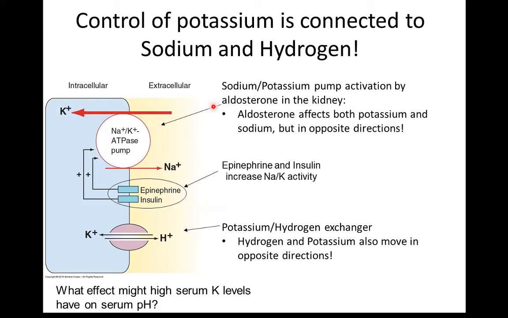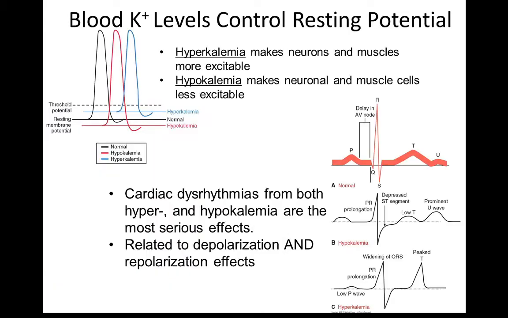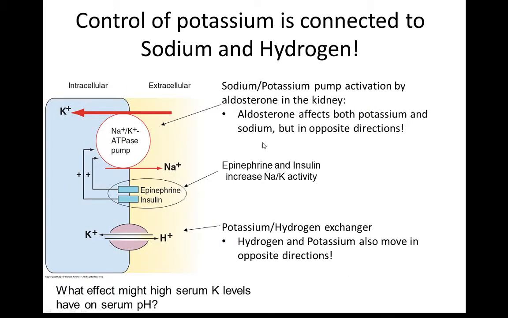So the kidney releases aldosterone, which promotes the retention or the movement of potassium to the intracellular space, and sodium moves to the extracellular space. So you can see in the presence of aldosterone, potassium shifts in, sodium shifts out.